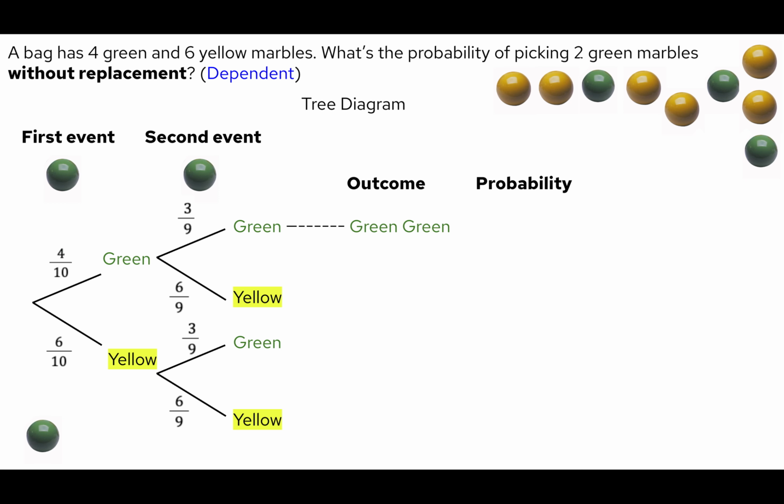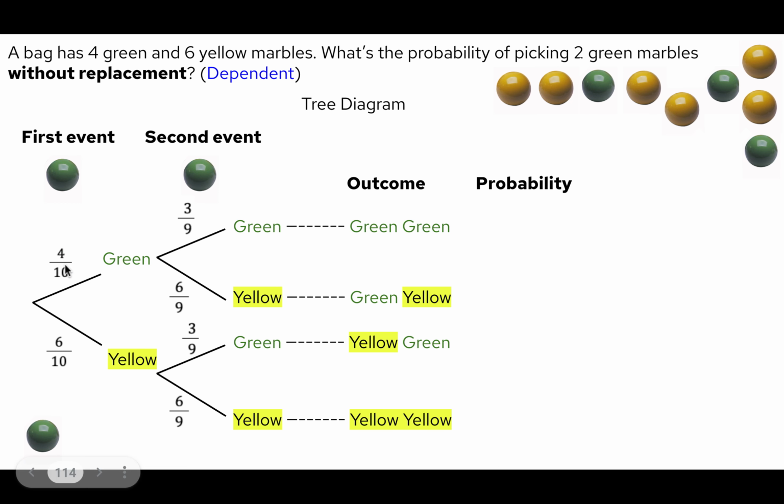So now we can do our outcomes. I could get a green green, a green yellow, a yellow green, or a yellow yellow. And the probability of getting a green green, I'm going to multiply my 4 tenths by my 3 ninths, and I end up with 12 90ths, or I can simplify it to 2 15ths. For the next one, I have my green and yellow.